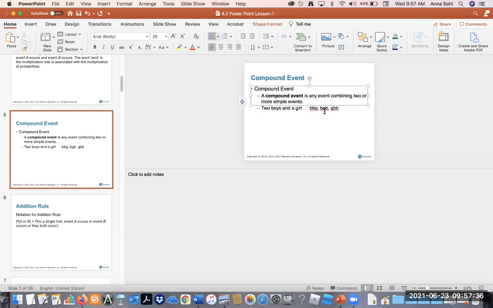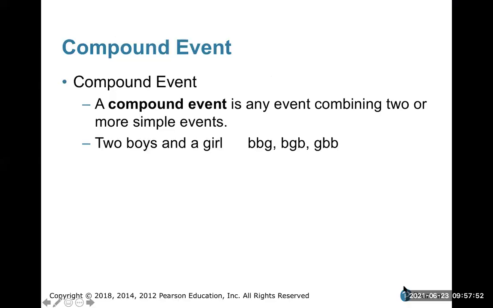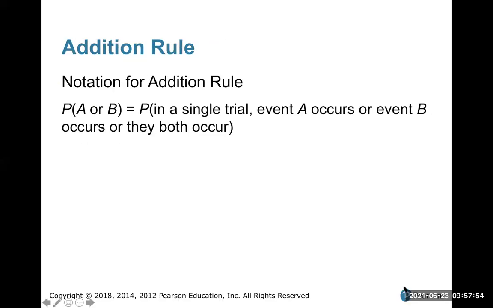Each of these is a simple event, but two boys and a girl is a compound event because it's a combination of these three. You need to know the names, but at the end, we're going to do problems.